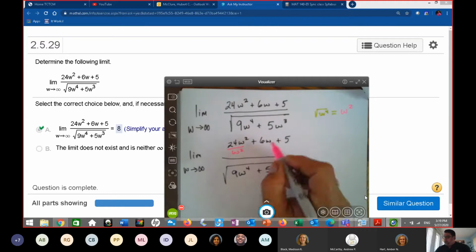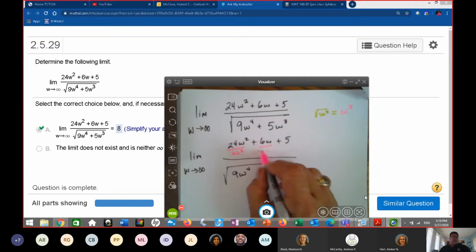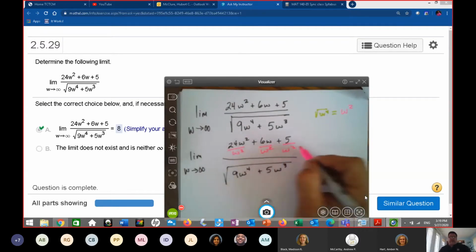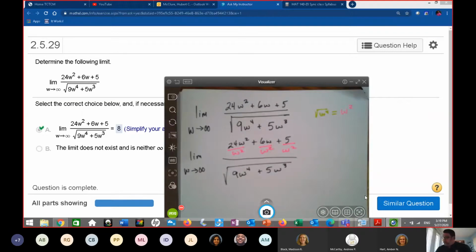And another reason I'm doing this is because these questions were sent after yesterday's class, so somebody still had a question. And divided by w to the 4th. Now, the reason I have to divide the bottom by w to the 4th is because I can't distribute across a radical unless I have a radical.